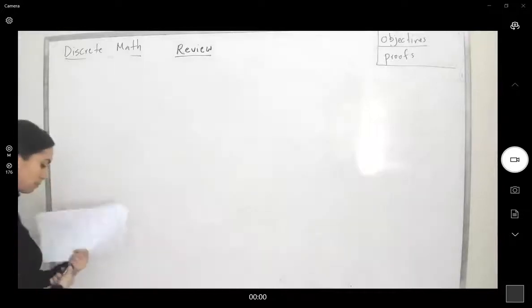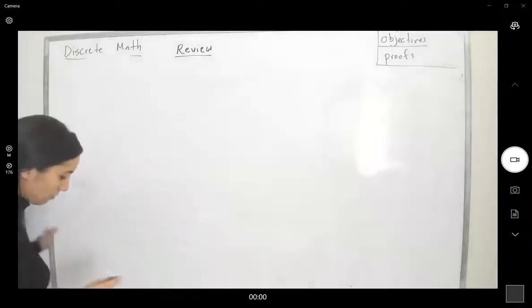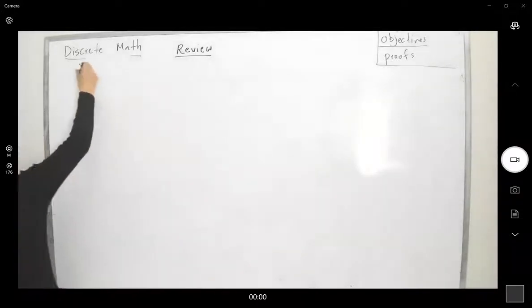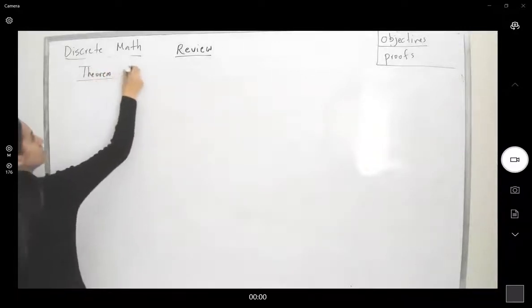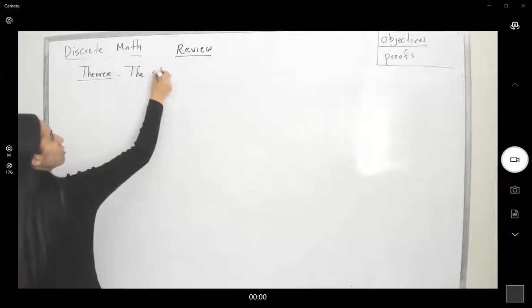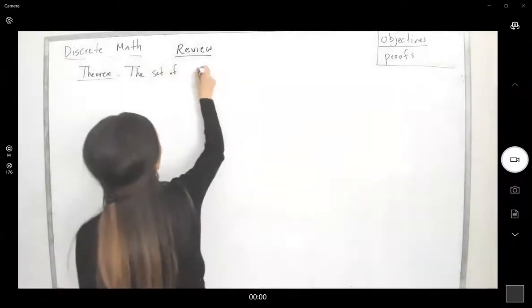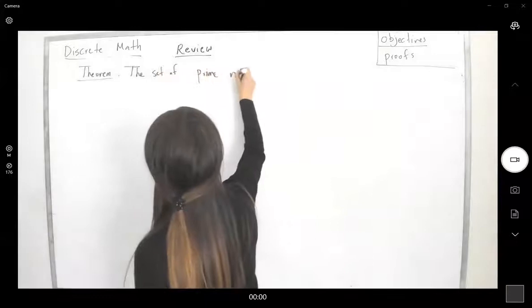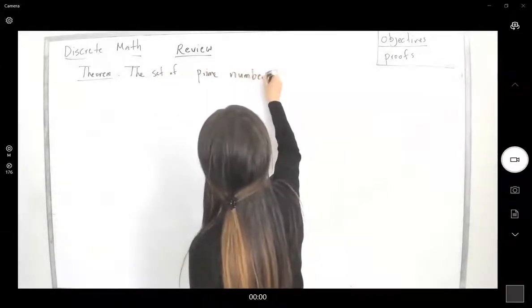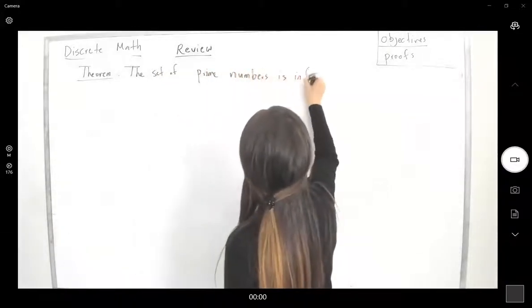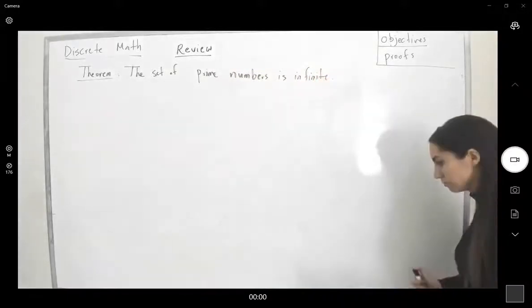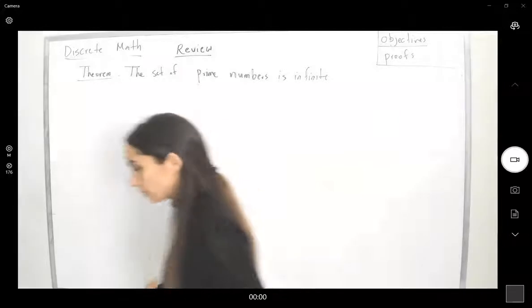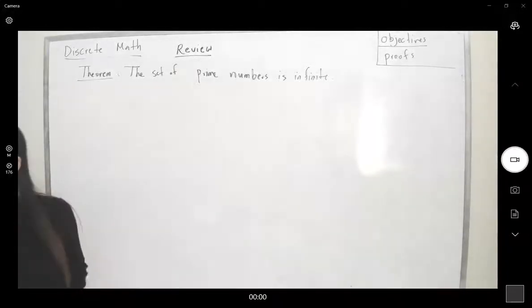The set of prime numbers is infinite. There you go. How do we prove that?